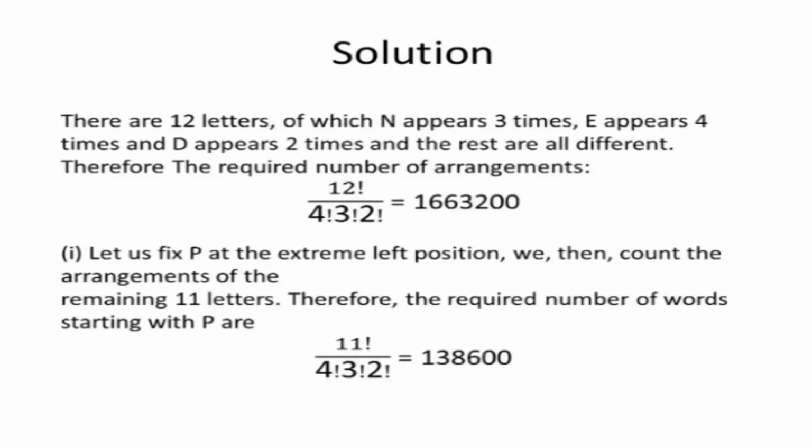So with 11 letters, the number of possibilities is 11 factorial, but they still have identical ones: 4 E's, 3 N's, and 2 D's.